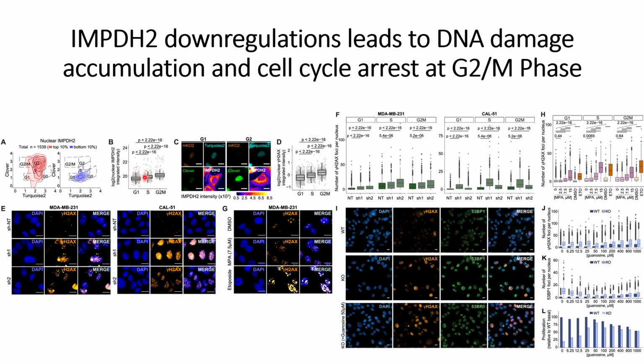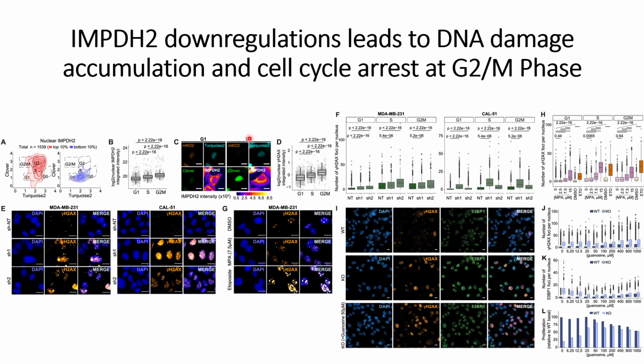And these things they have also validated using immunostaining, where they have seen that in turquoise 2 the intensity of IMPDH2 is lower compared to the cells that are found in G2 phase. In G2 phase turquoise 2, we can see that intensity is high compared to the IMPDH2 that are found in the G1 phase.